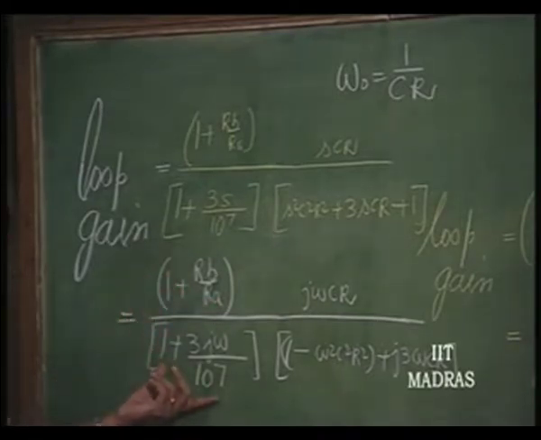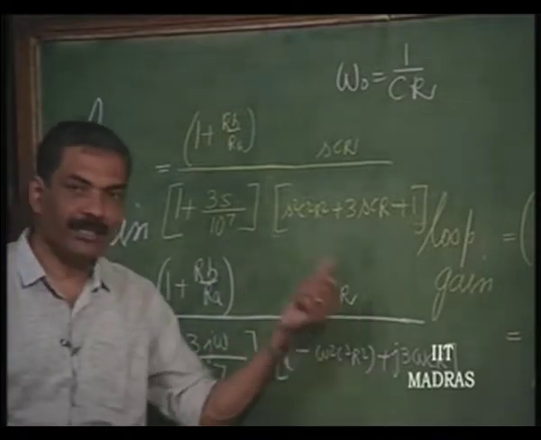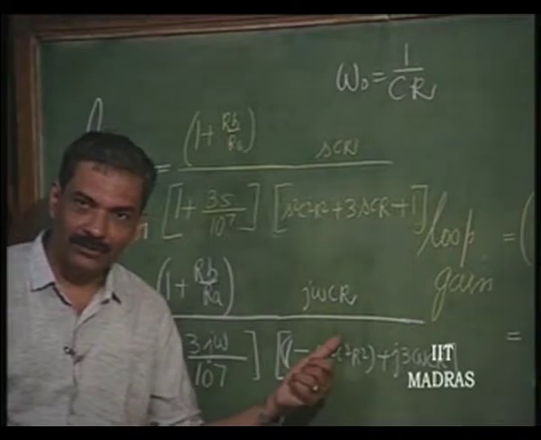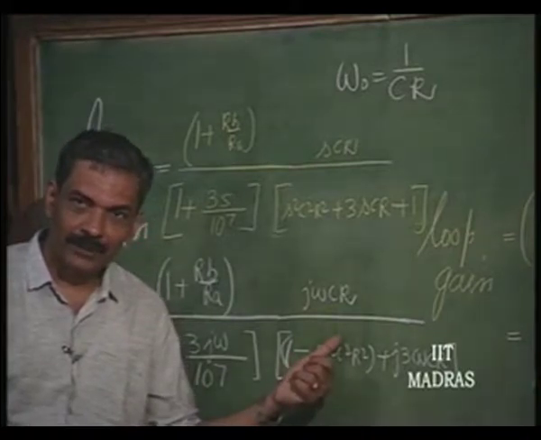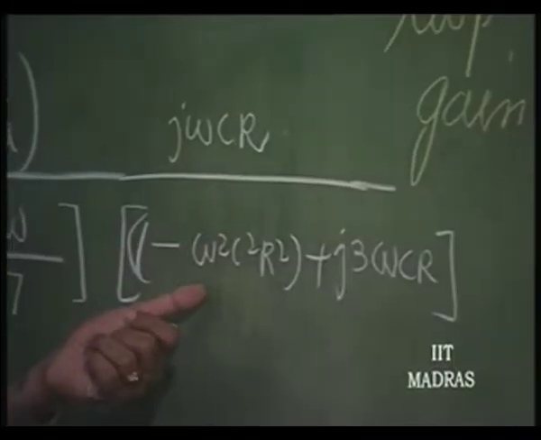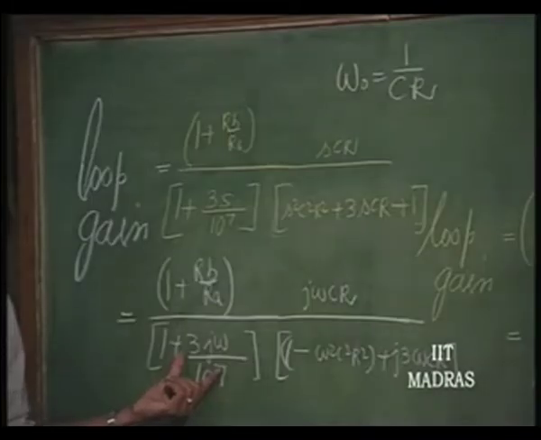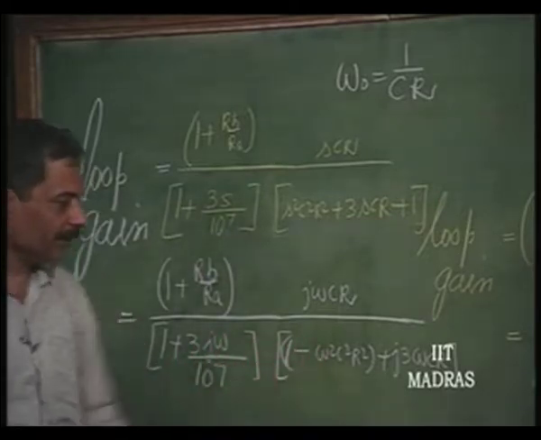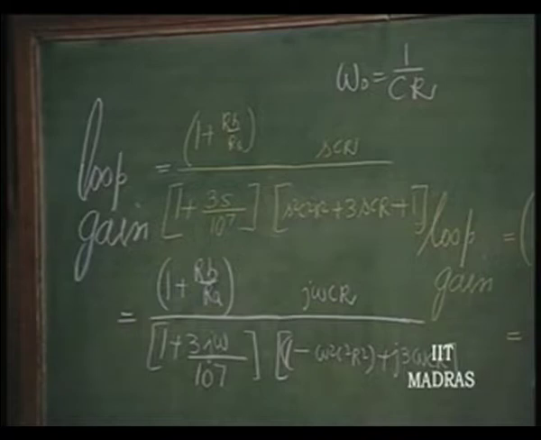Now, because of the additional phase shift here, phase lag here, this phase shift cannot be equal to 0. This has to have a phase lead of the same amount by which this is having a phase lag. So, as far as this particular thing is concerned, we have already discussed it.